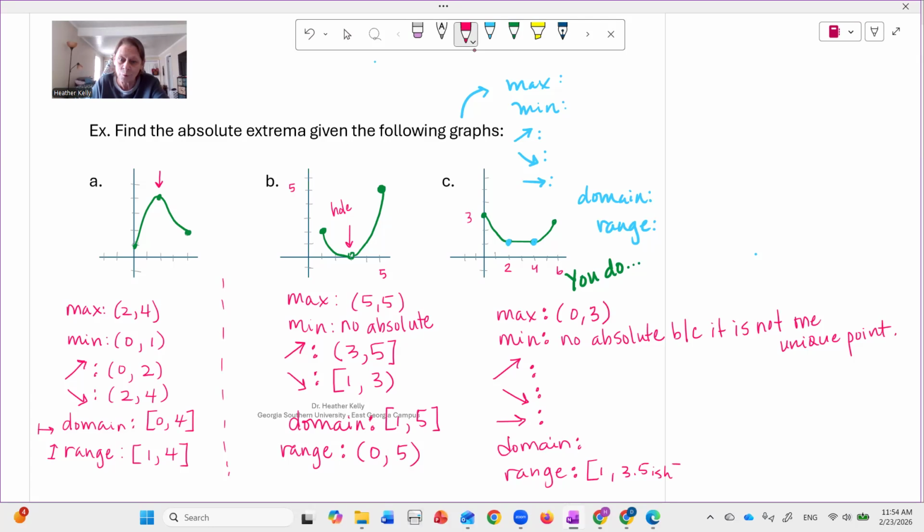I know your homework won't take an ish, but when I'm drawing it, sometimes we might have to throw an ish out there. The domain is from 0 to 6. We were constant between 2 and 4. We were decreasing from 0 to 2, and we were increasing from 4 to 6.